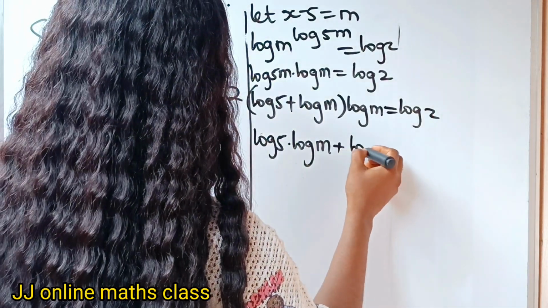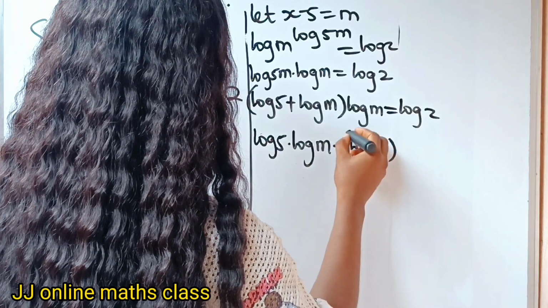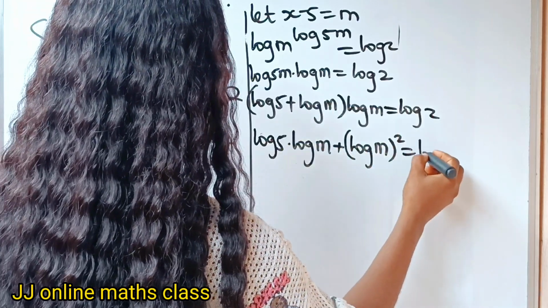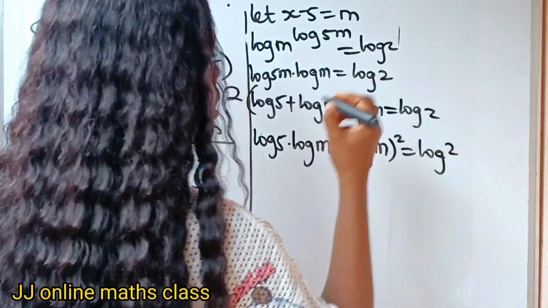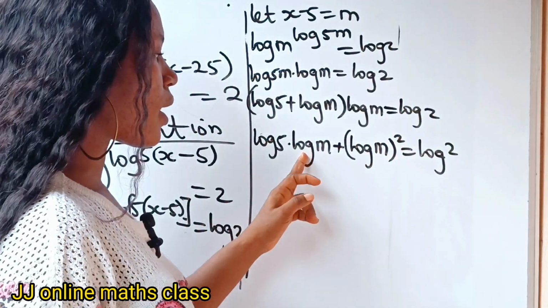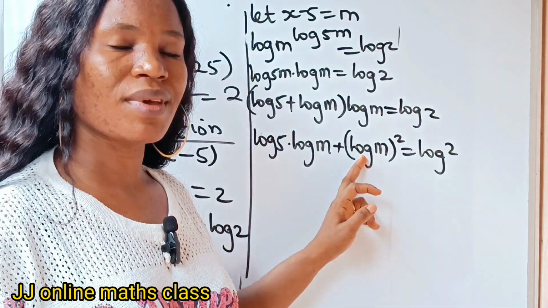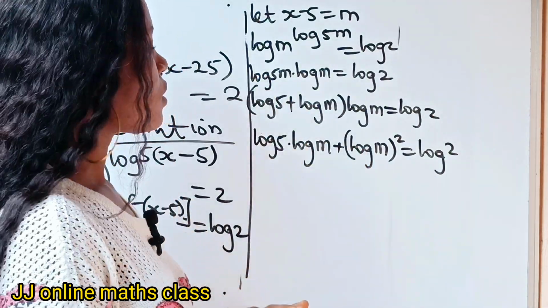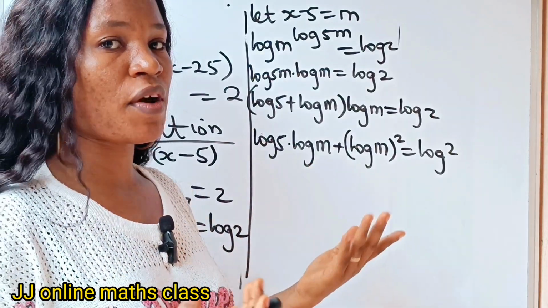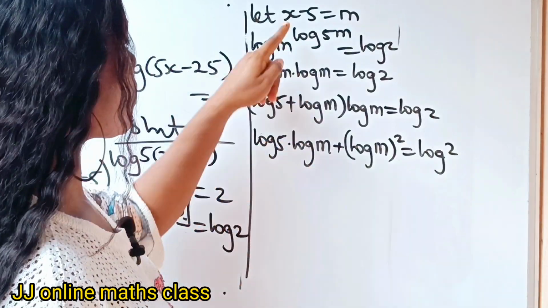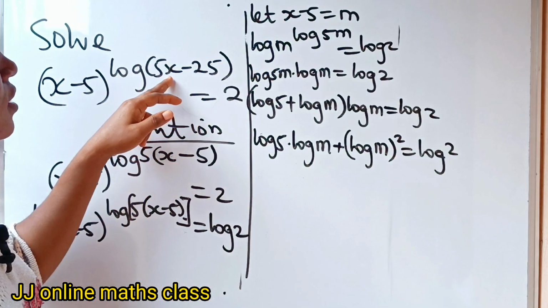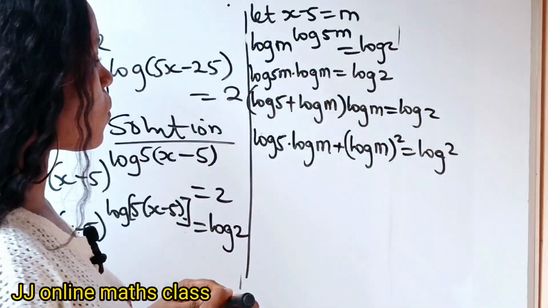So we have log m all squared is equal to log 2. Notice that we have log m here and here. Let's call it a variable. Let's use y, because we already have x. X is different; that is what we are looking for.